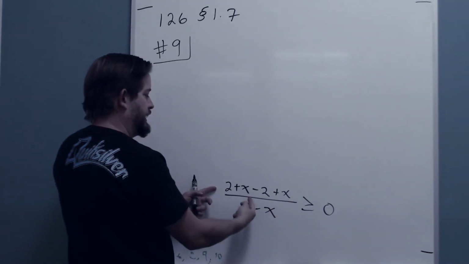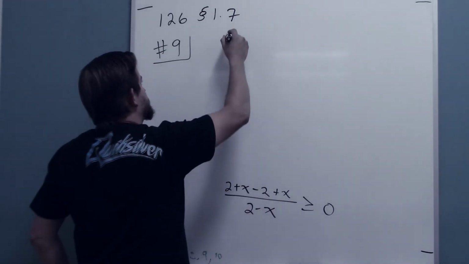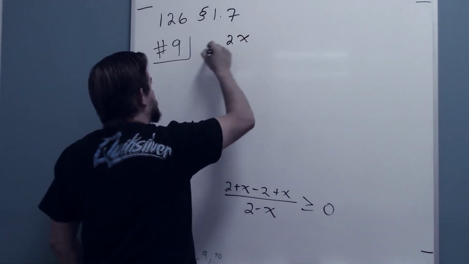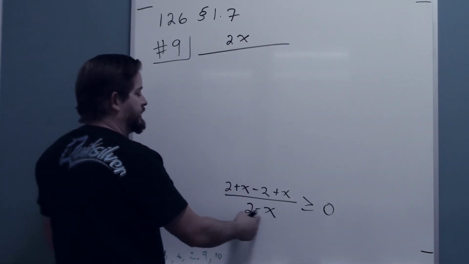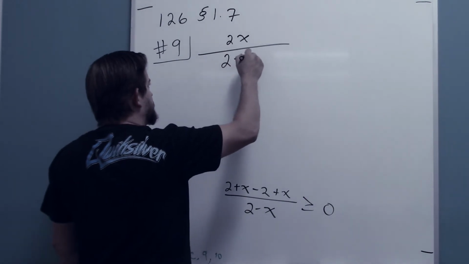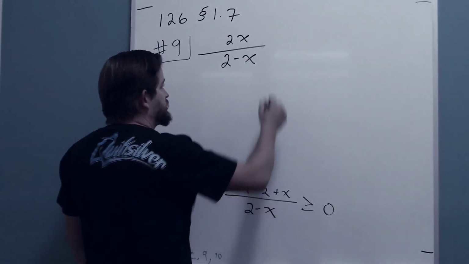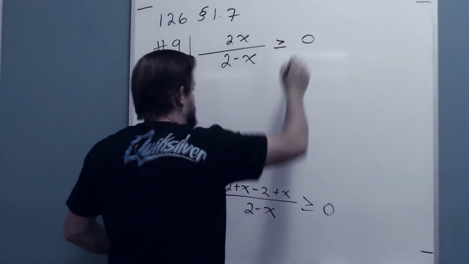I'll combine this. I have x plus x is 2x. My 2 and minus 2 cancel out in my numerator, and then I have 2 minus x in the denominator. And that is greater than or equal to 0.